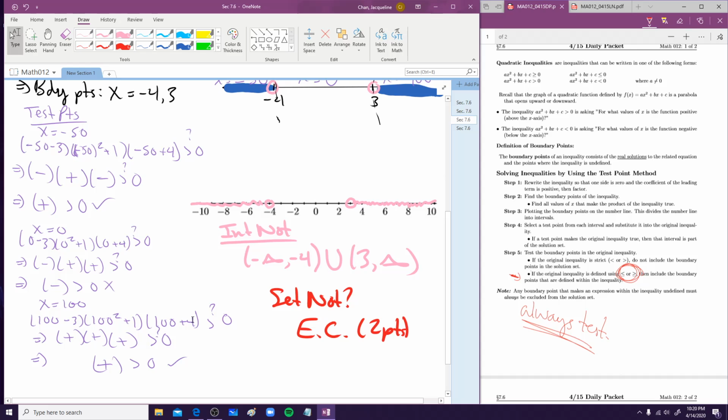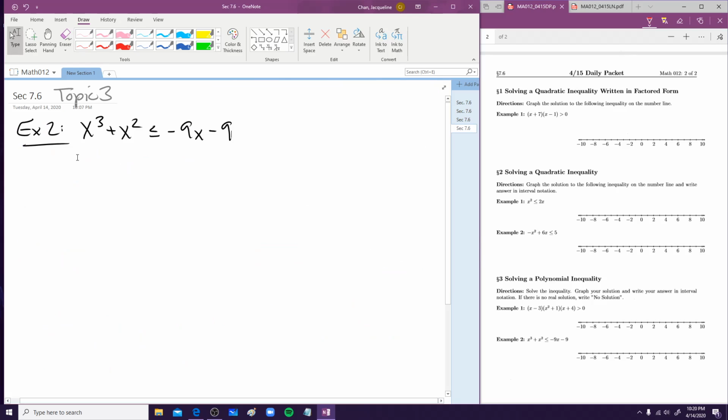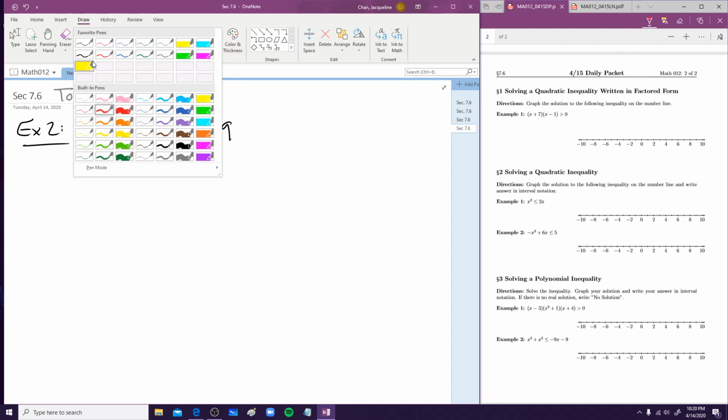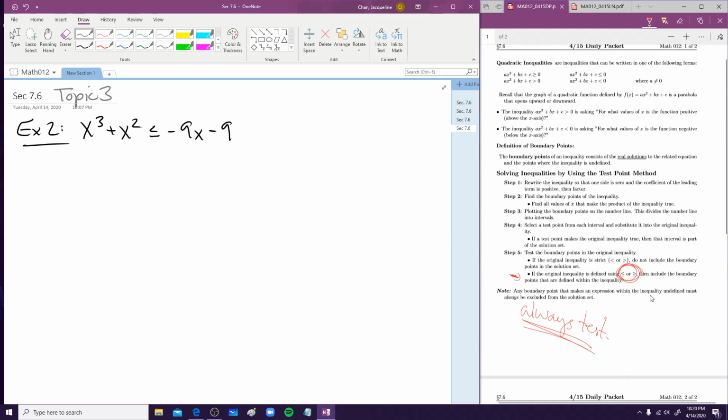Right? So before we end this, I do want to go over another example, because the first example was already factored for us. It was very nice. So now, for example, we're going to solve this. It's the same exact process. We have to make sure one side is equal to 0, and that the side with all the terms has a positive leading coefficient.